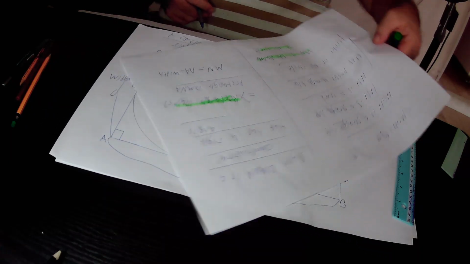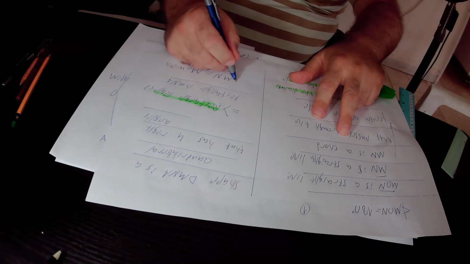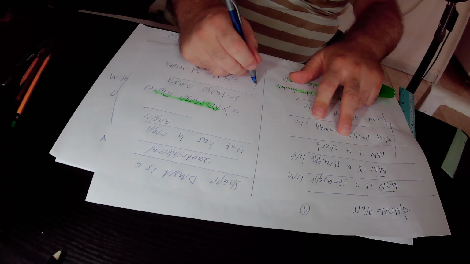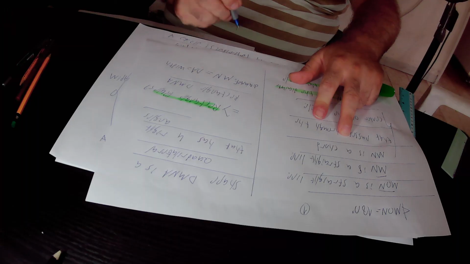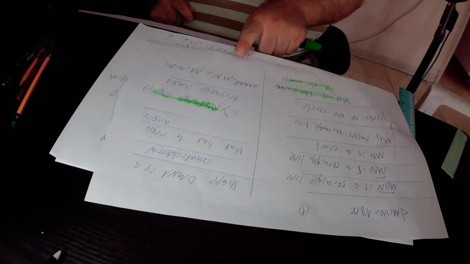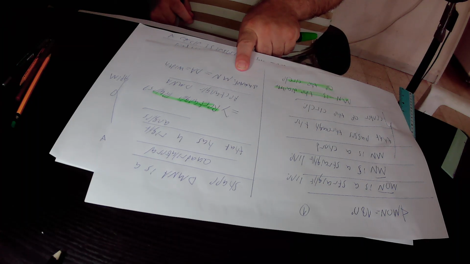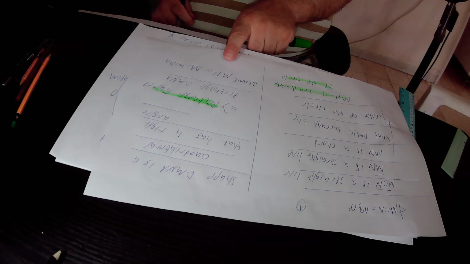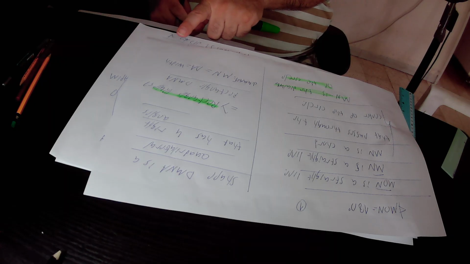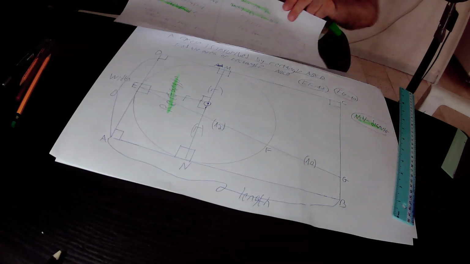So in total, the diameter of the circle equals MN, and MN equals DA, and DA is the width.